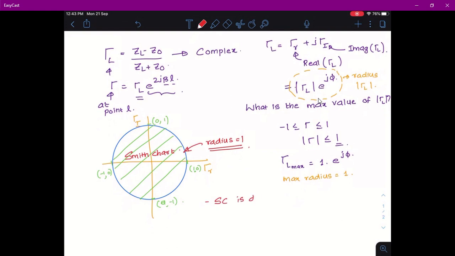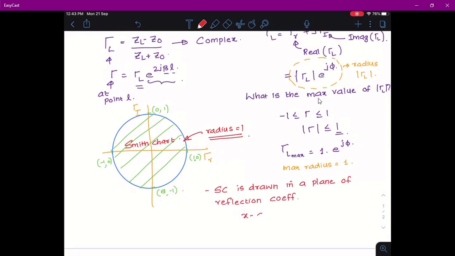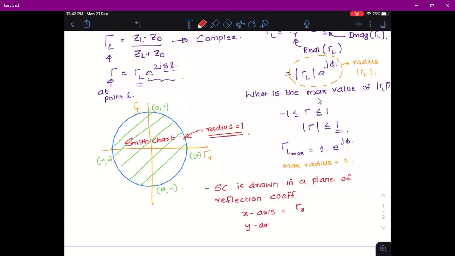It is drawn in a plane of reflection coefficient, where the x-axis is tau r, which is the real part of the reflection coefficient, and the y-axis is tau I. Okay, fine.